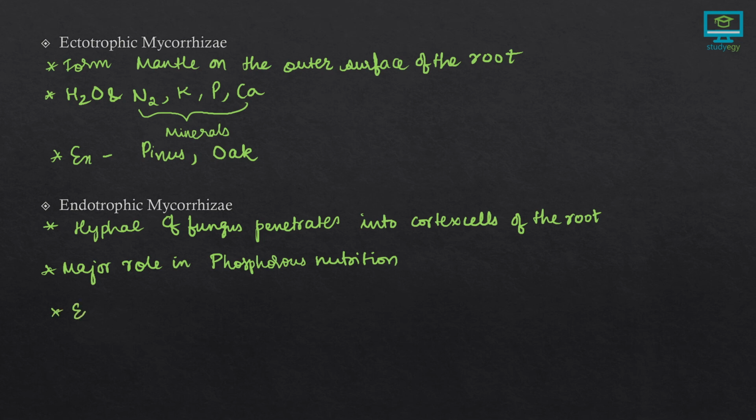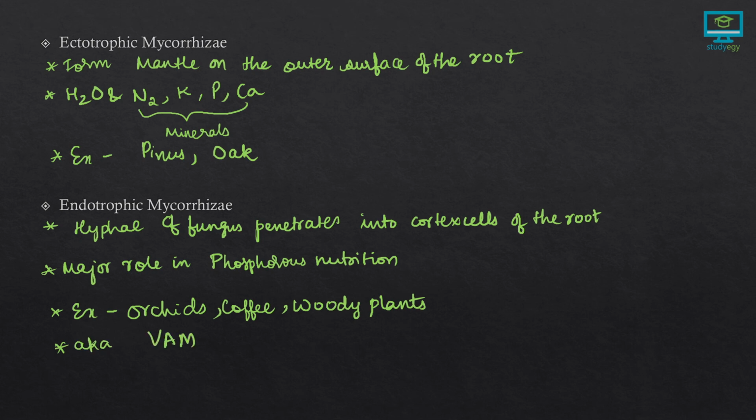Coming to their examples, orchids, coffee and some woody plants. These types of endotrophic mycorrhizae are also known as VAM, that stands for vesicular arbuscular mycorrhizae.